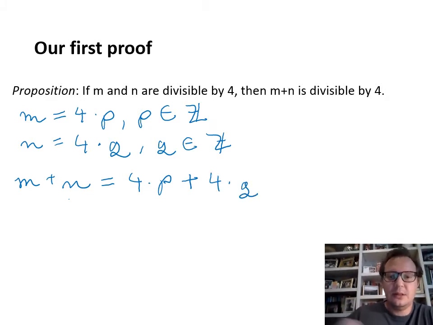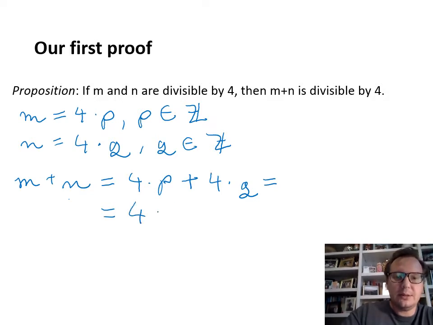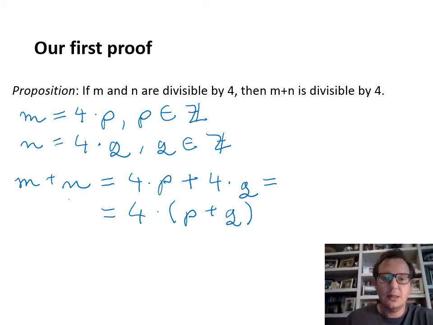Great. So that is now equal to 4 times p plus q. Okay, so at this point, we can substitute p plus q with another integer s.